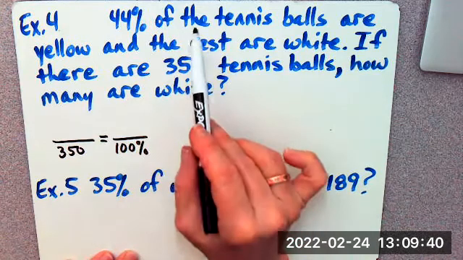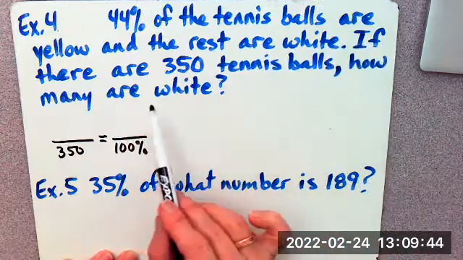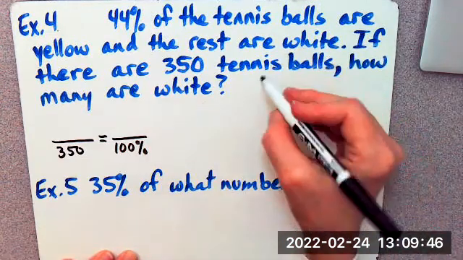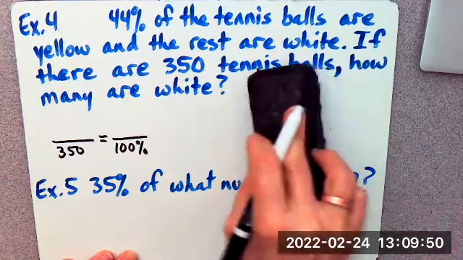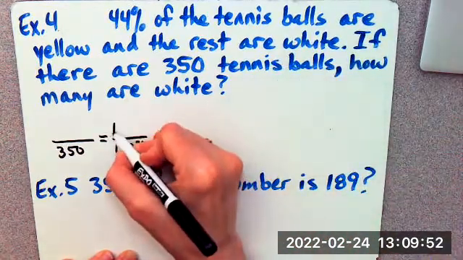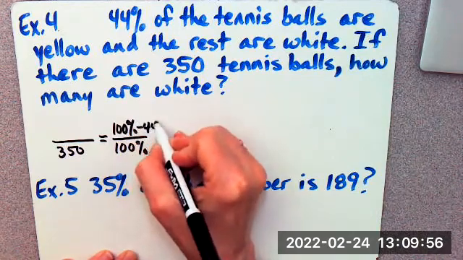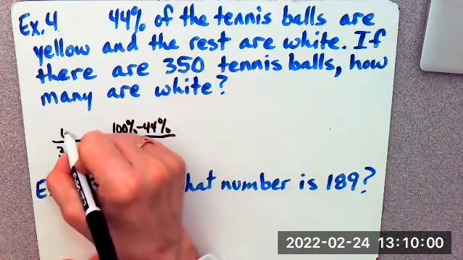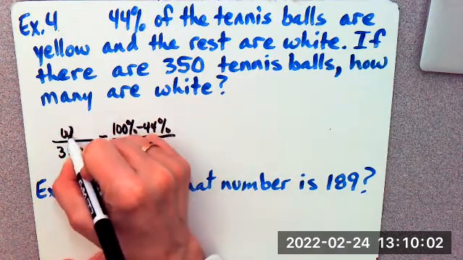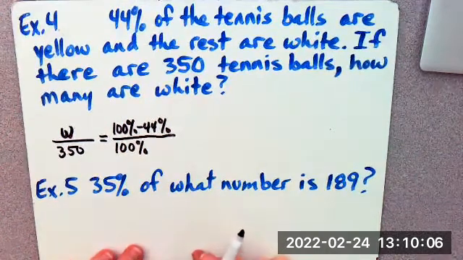And we have 44% are yellow, and they're asking how much are white? Well, we can write it right here. We have 100% minus the 44% is going to tell us which ones are white. So let's use W instead of X for white. So these are the white tennis balls we're finding.